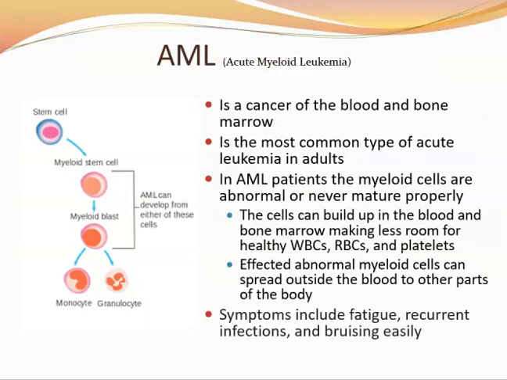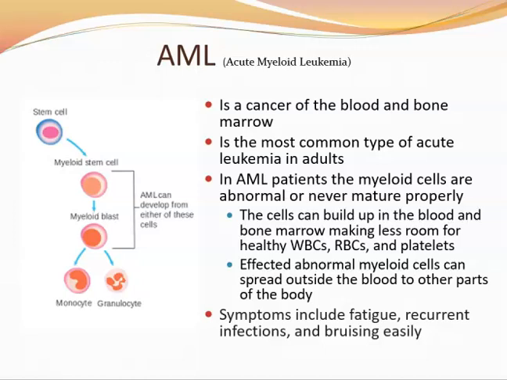So what if a patient develops into AML or acute myeloid leukemia? This is a cancer of the blood and bone marrow. It's the most common type of acute leukemia in adults, and in most acute myeloid leukemia patients, the myeloid cells are abnormal or never mature properly.